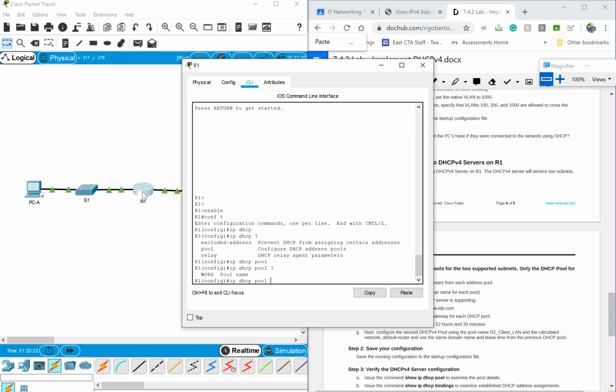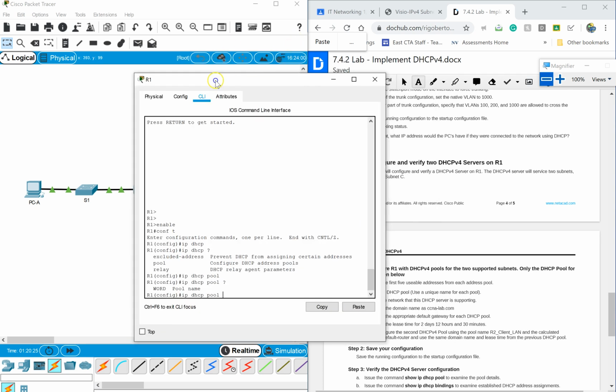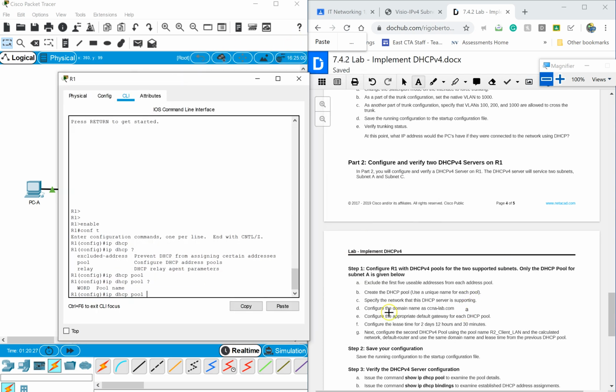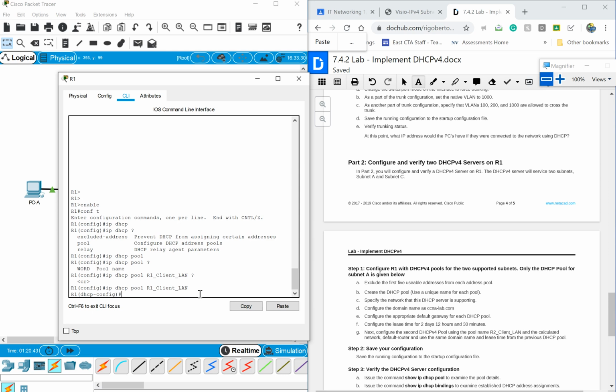Well, the one is for the client, so I'm not sure what the other one is going to be for. That's R2, so we're just going to call it R1_client_LAN. Because if we already have one that's going to be called R2 client, might as well just call it R1. This is going to be a pool for all R1, right? And that's it. That's how we call it, right?